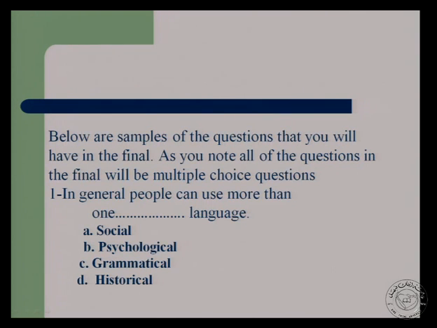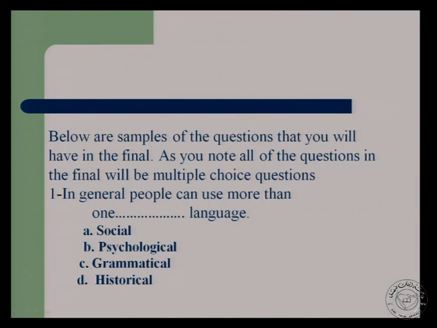I have given you 3 questions that could be considered good samples of the type of the questions you are going to have in the final exam. So, I have written that below are samples of the questions that you will have in the final. As you note, all of the questions in the final will be multiple choice questions.